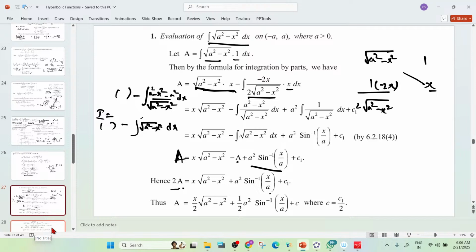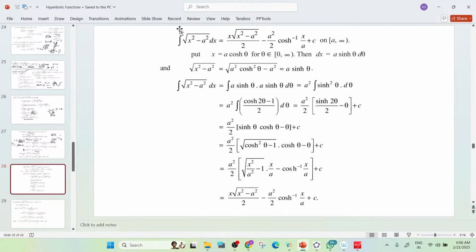Now this one, x square minus a square. What can we take? x should be greater than a. Either you take x as secant theta or x as cos h theta. If you take the cos h substitution, you get this. This becomes a square sine h square.